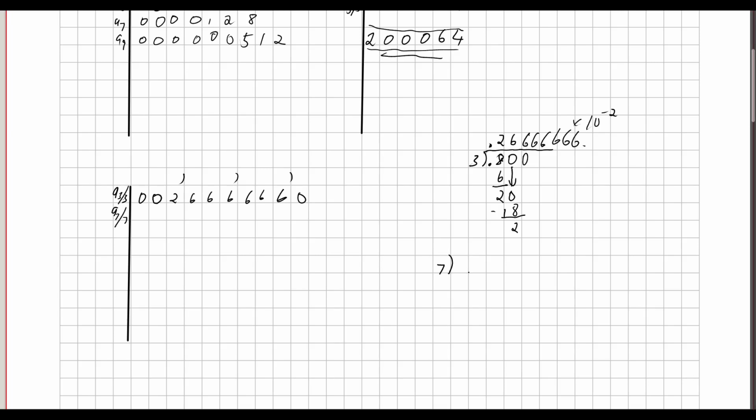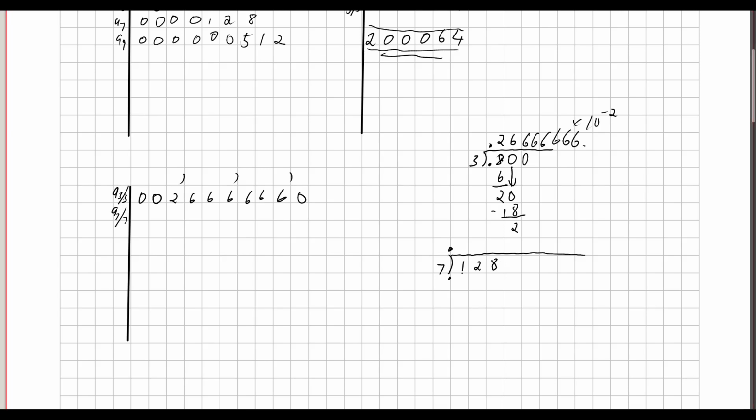So again, we'll just move the decimal place over, so 128. Actually, I should do this more neatly. So just imagine the decimal places there. So 1, 2, 8.